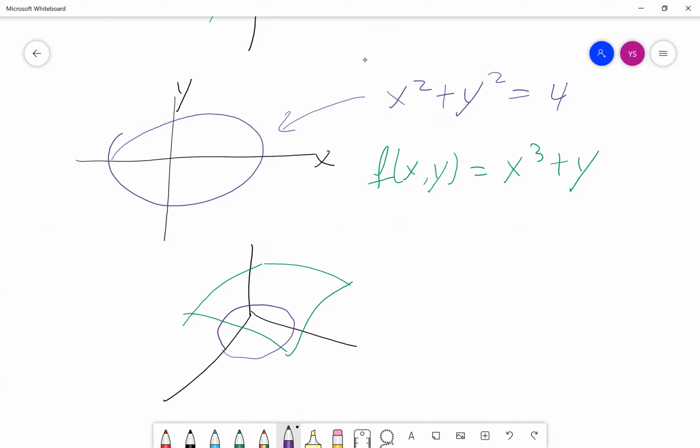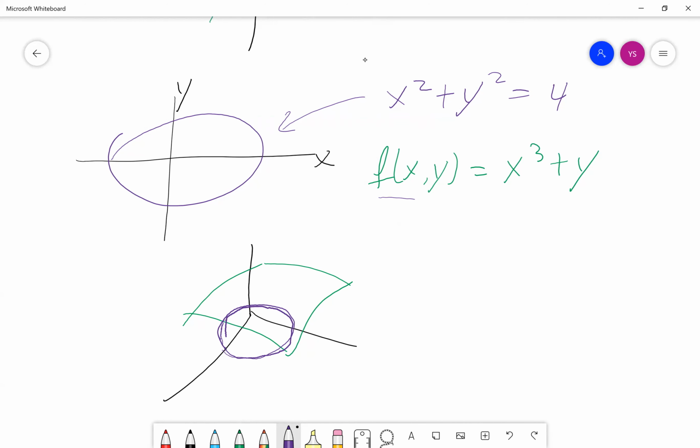And we would want to know what is the maximum and the minimum of f, but restricted to this curve. Okay, that's the question the Lagrange multipliers aims to answer. What is the maximum and the minimum of this function restricted to this curve?